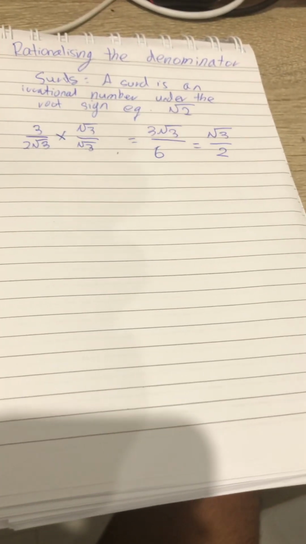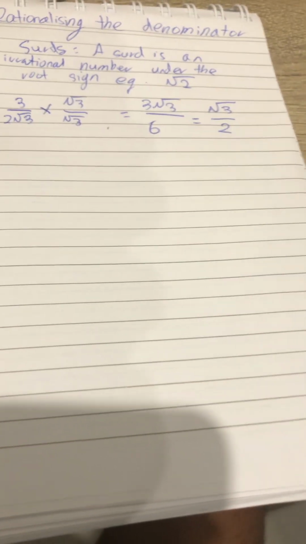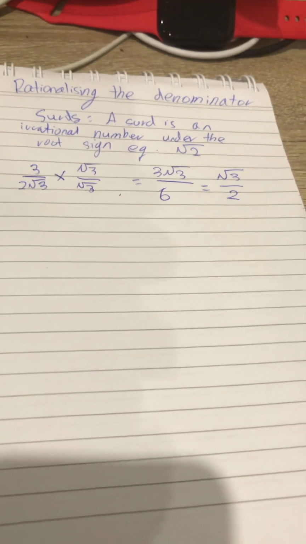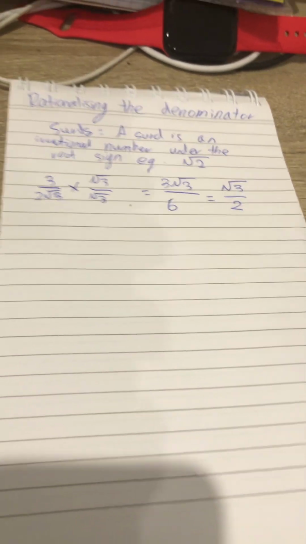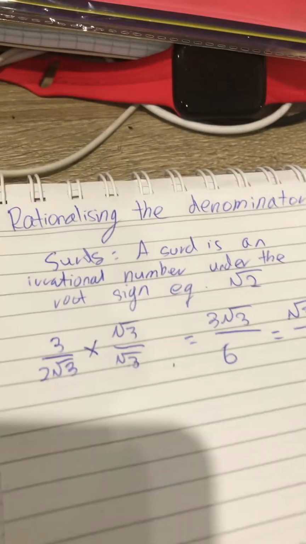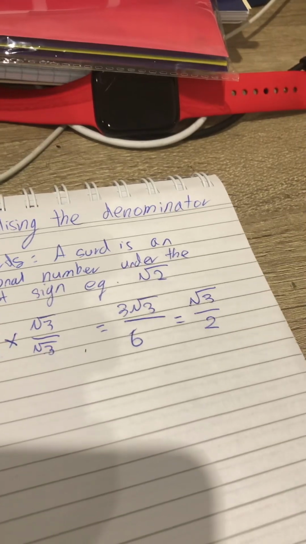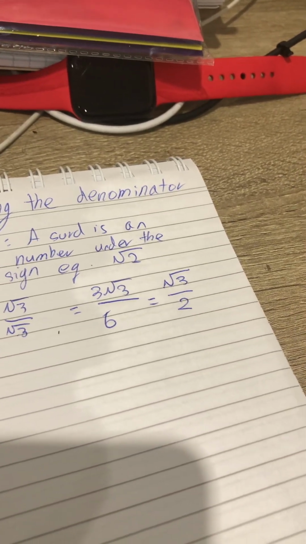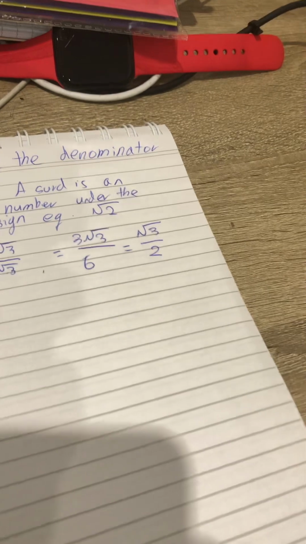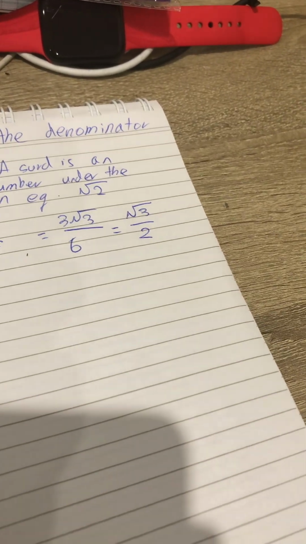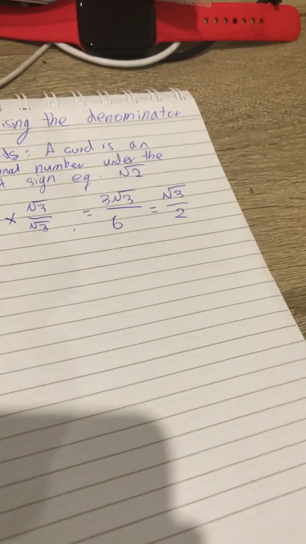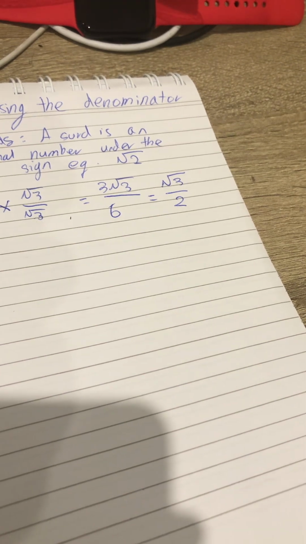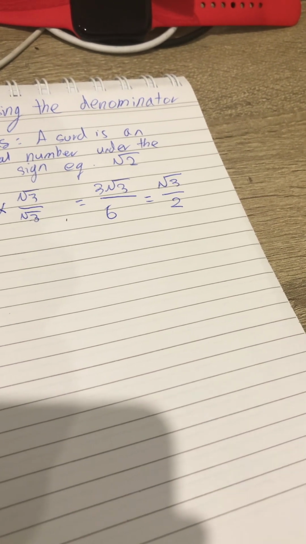Let's look at a more complex question in which we have to multiply by the inverse of the denominator. So we've got a question, let me just find one out of a textbook.